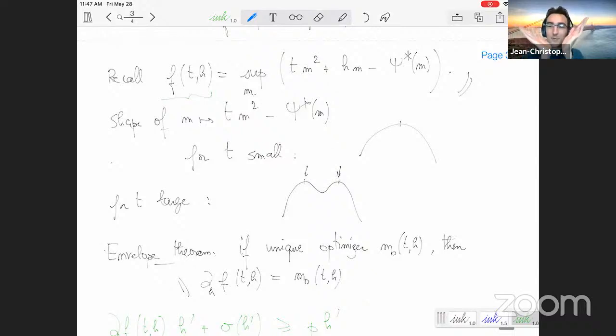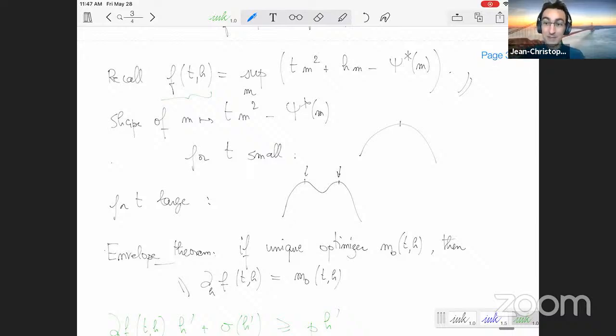The thing that happens if you have two optimizers is that the differential at f will be the supremum of the differentials that come from different optimizers. So when there are two optimizers, maybe it's interesting to discuss what happens.